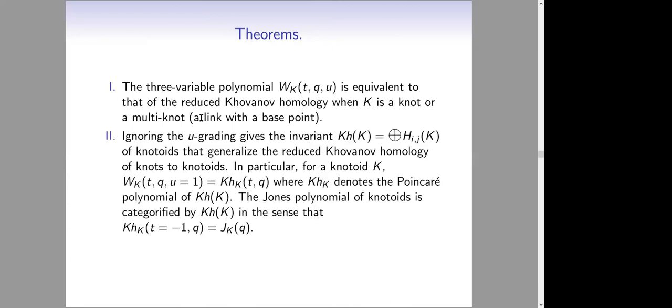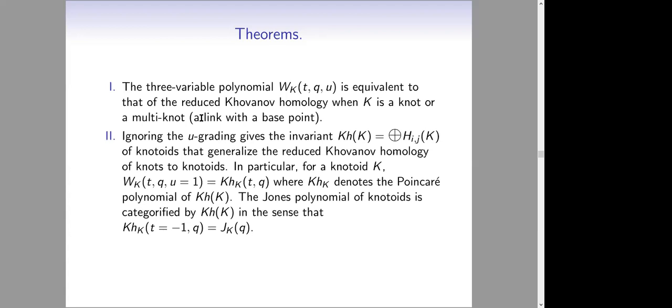Now, if you ignore the U grading, what we will get is an invariant of knotoids. And it turns out that this is the generalization of Khovanov homology from knots to knotoids. For example, if K is a knotoid and you plug in U equals 1, what we get is the Poincare polynomial of the reduced Khovanov homology.